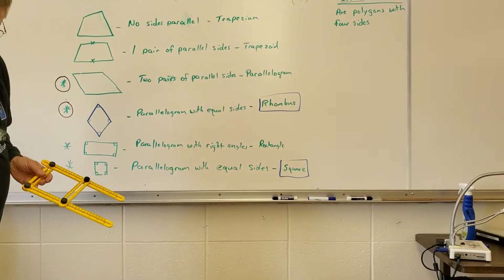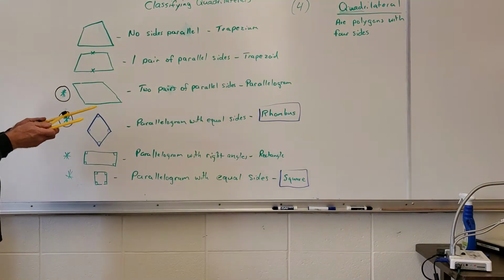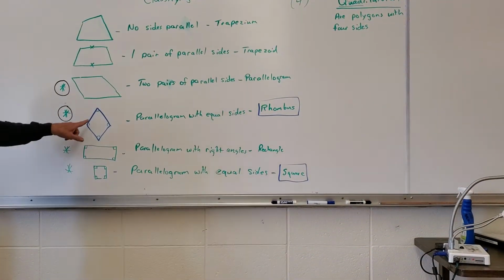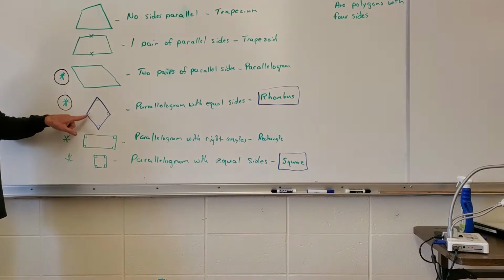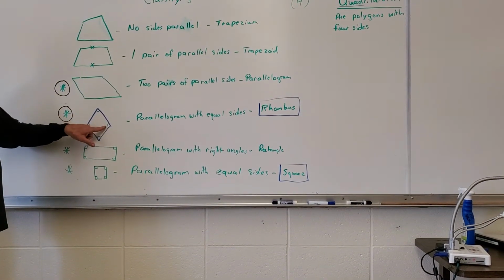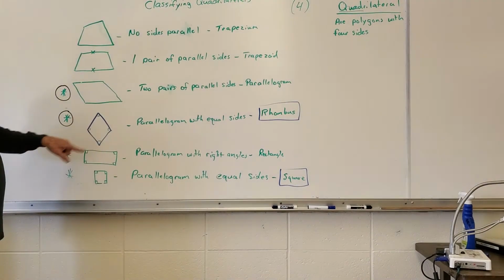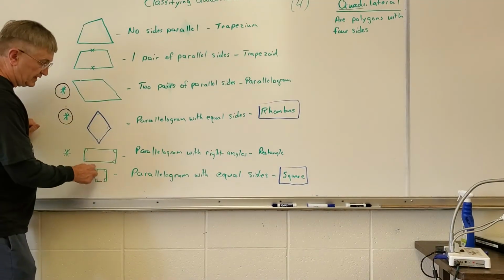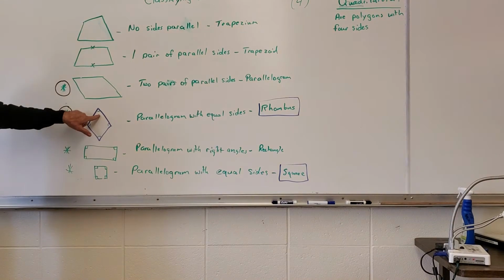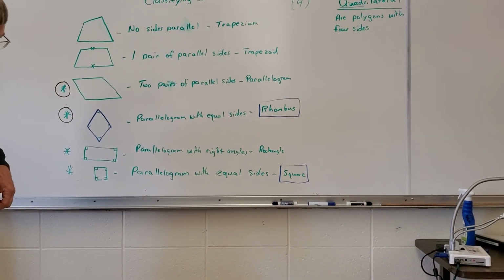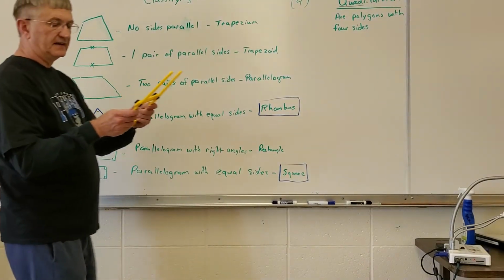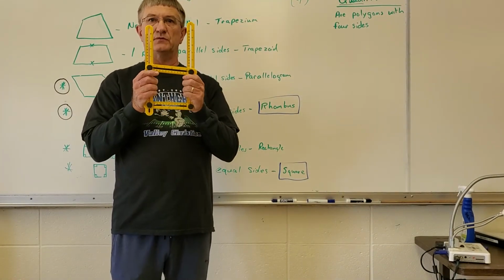Every rhombus is a square. Well, let's take a look at this. This one right here shows it. This is not a 90-degree angle. So therefore, it's false, because every rhombus can't be a square because it's less than 90. But on the flip side, we said earlier, every square is a rhombus, because again, I started off with perfect equal sides.